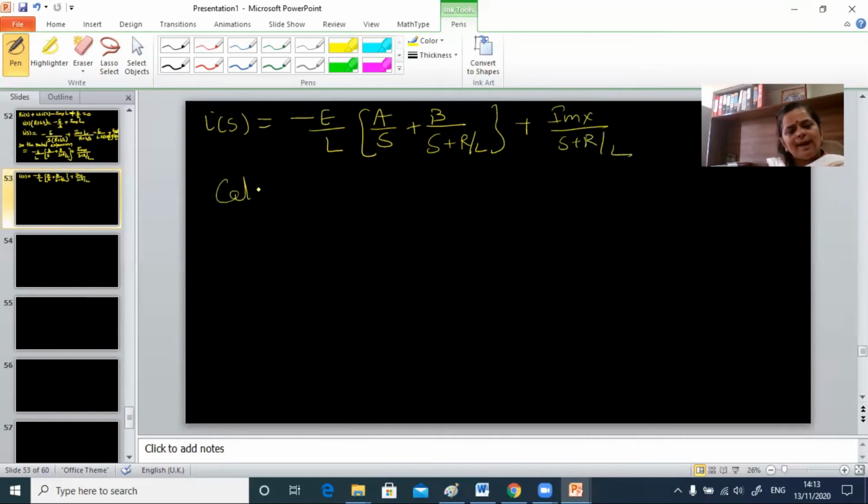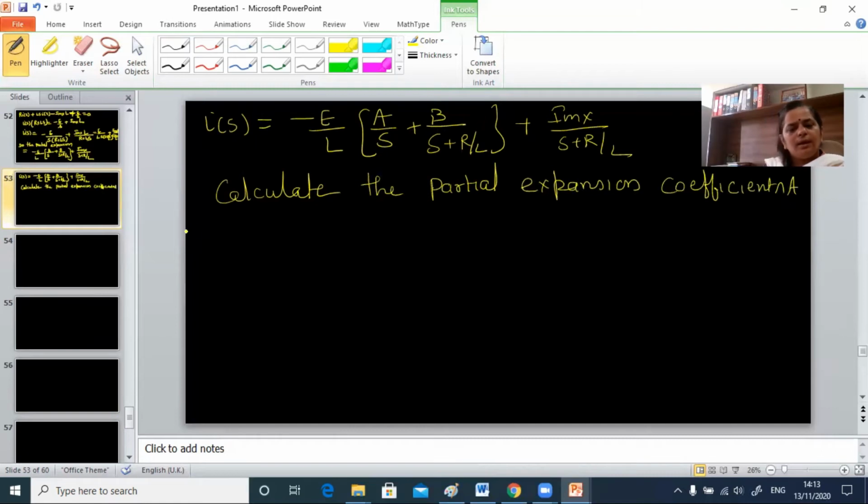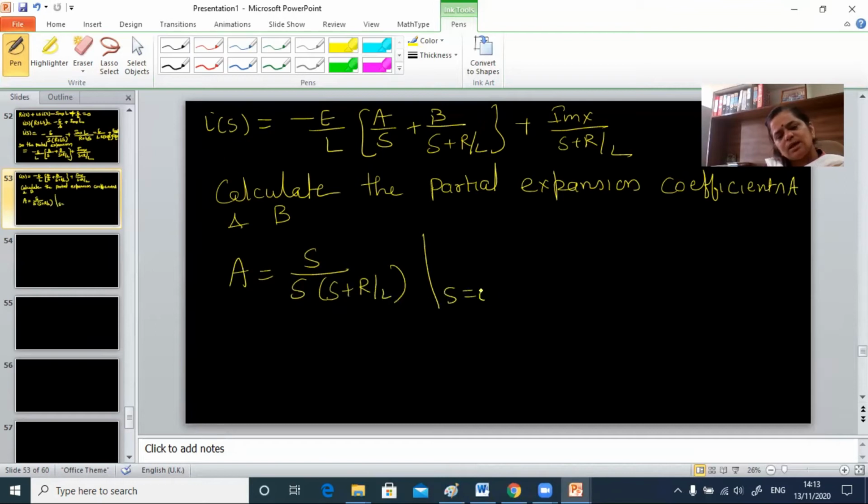Now calculate the partial expansion coefficients A and B. So how to calculate A? Put S upon S plus R by L में S is equal to 0.